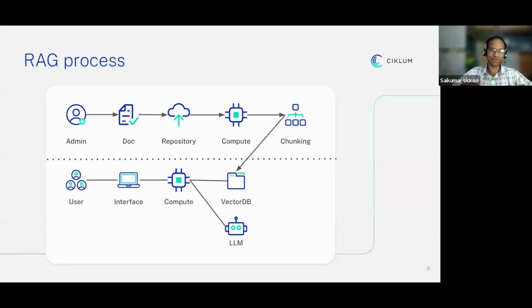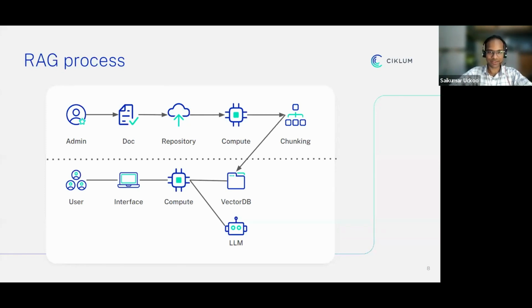Most of the time you would only look at the user directly accessing the bot, but we wanted to give an aspect of how the administration also happens in the background, so that you are able to relate it to a code version of doing it versus what Azure AI Studio can offer you. Okay.